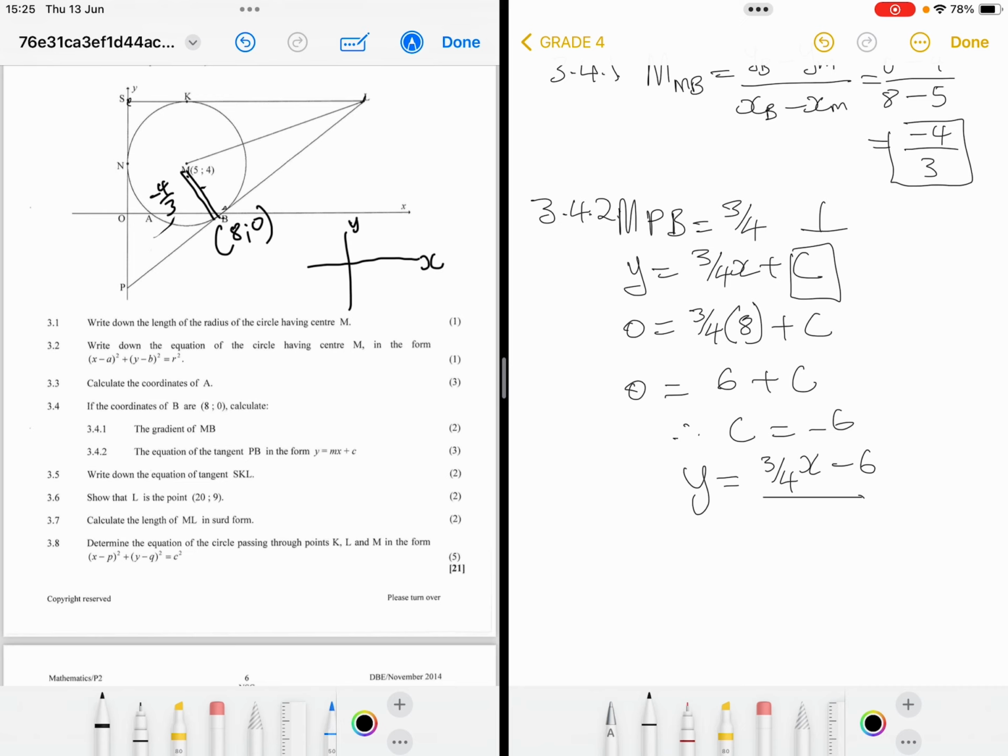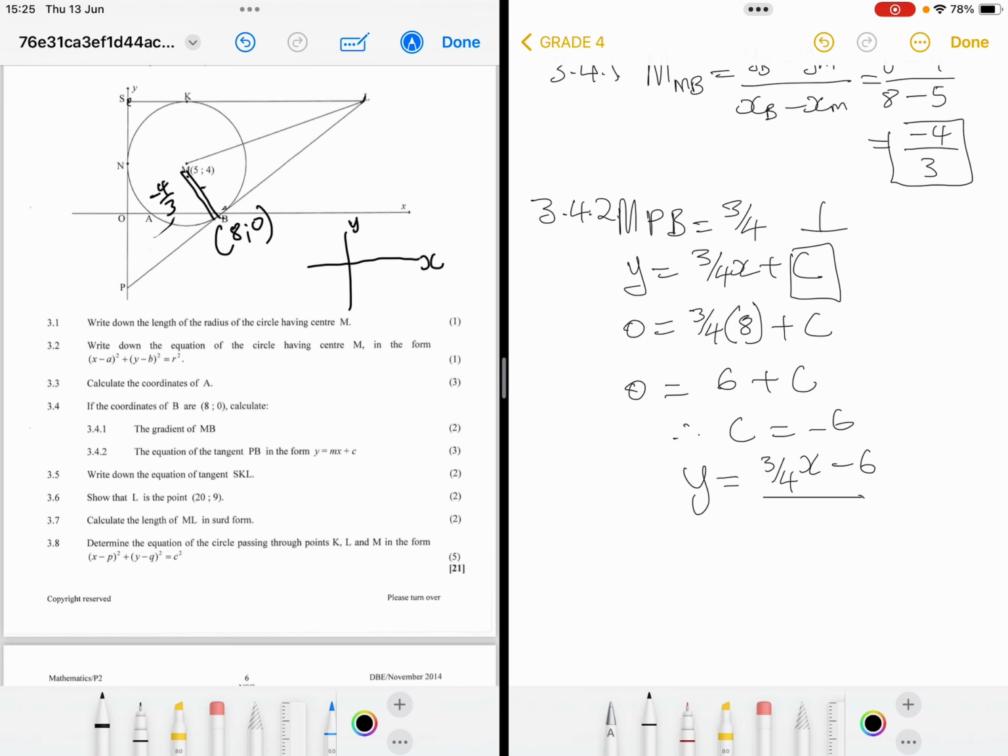But you guys do this silly mistake by saying the tangent from the same point, then you say the gradients are equal. No, the gradients are not equal in that moment.